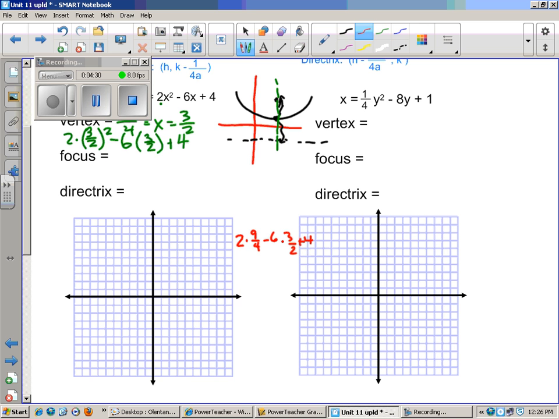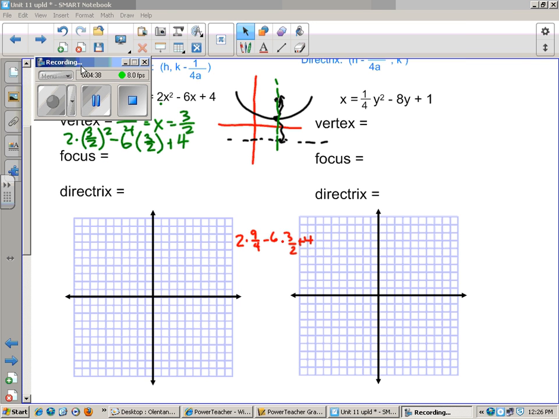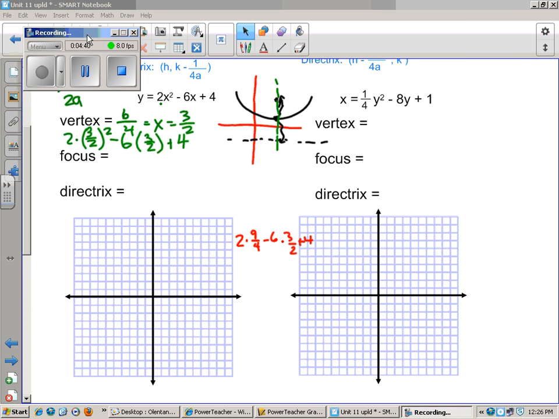Okay, I'm going to think about just fractions for a minute.